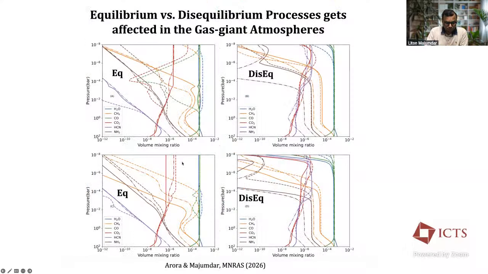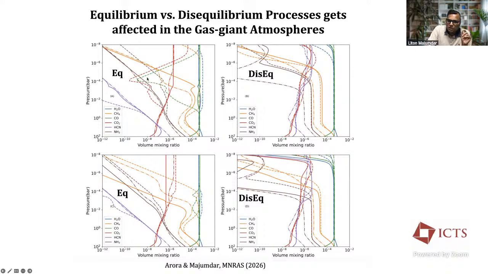So if you just look into the distributions, here it's a very busy plot. Let me just take you through this to give you the idea. On the left side, I'm showing the equilibrium abundances. Here I'm showing the disequilibrium abundances.